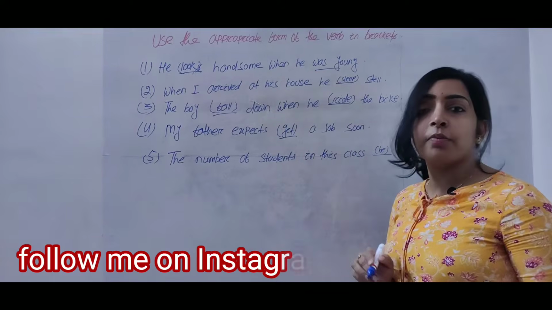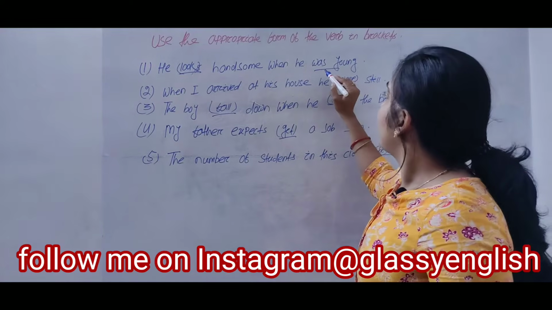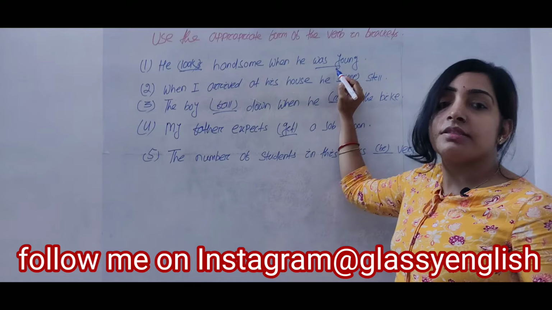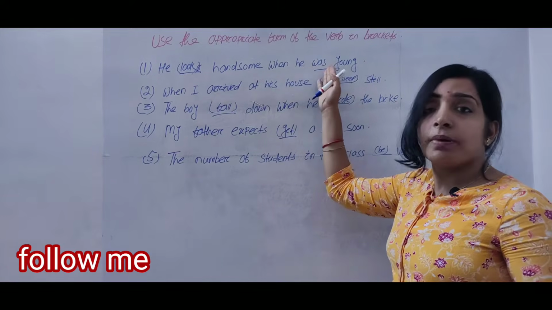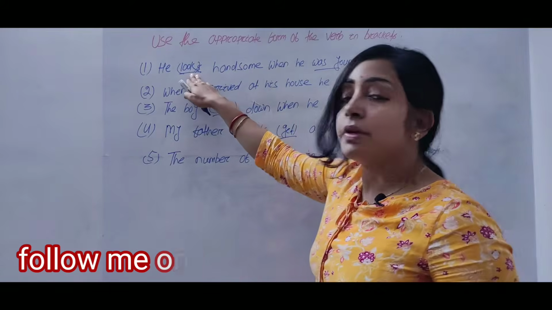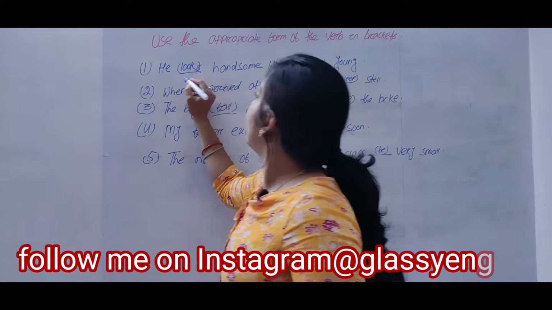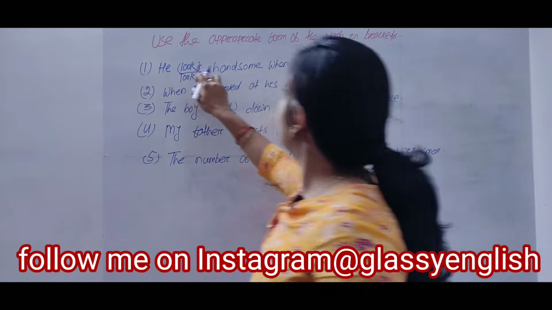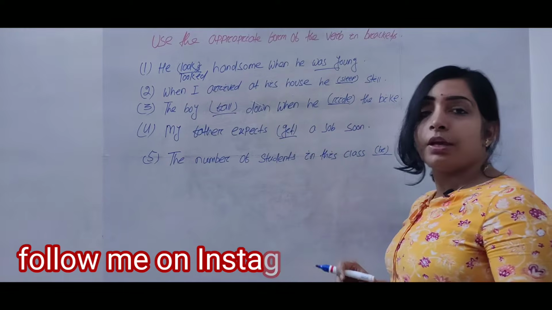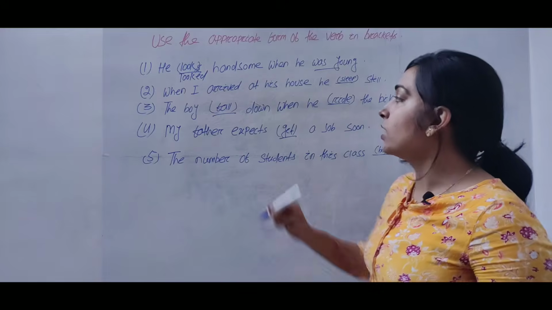But we have applied past tense here. We have to know that if the sentence is in past tense, the verb must be past. So the verb is looked. He looked handsome when he was young.